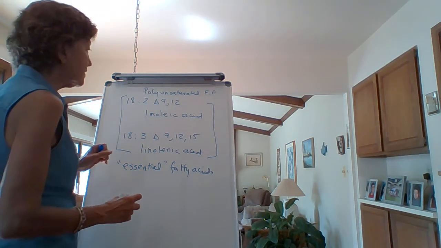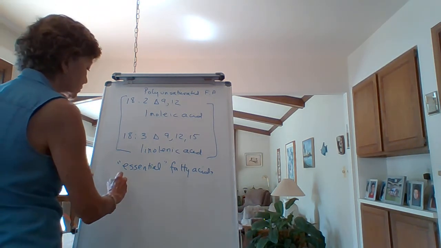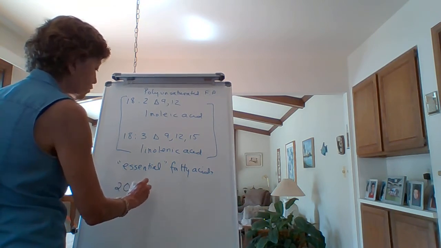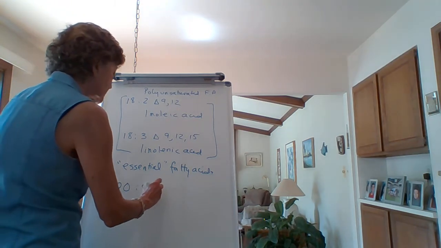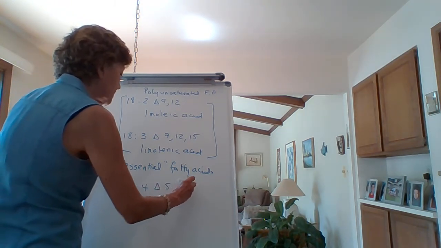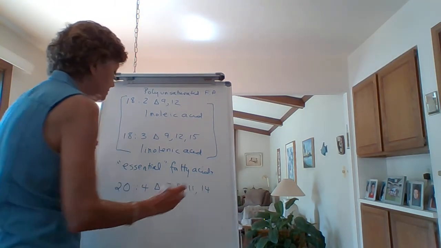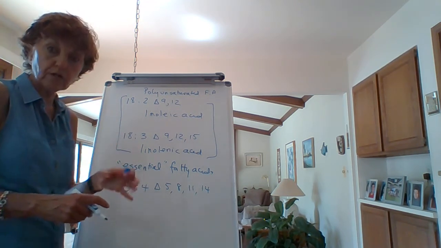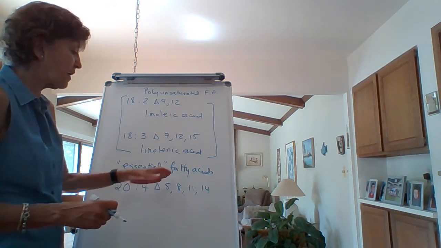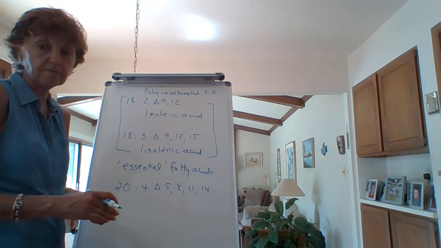The third polyunsaturated fatty acid is 20:4, so 20 carbons, 4 double bonds, and then delta 5, 8, 11, and 14, meaning the 4 double bonds are found at carbons 5, 8, 11, and 14.